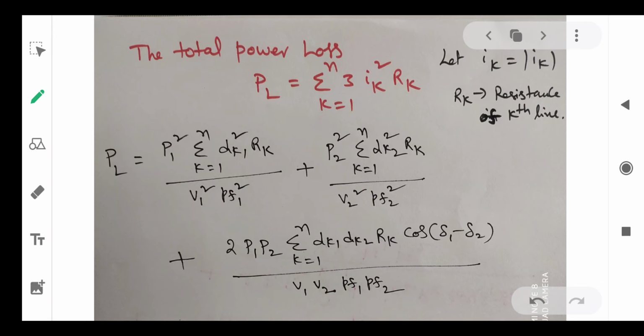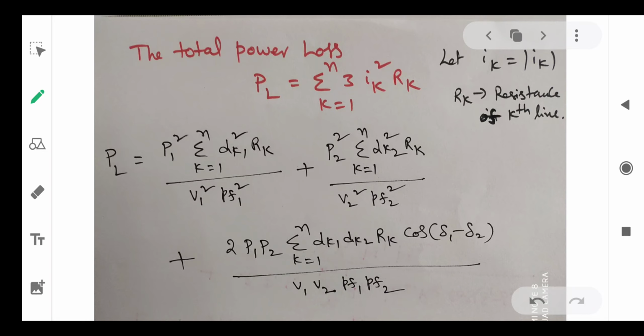Therefore the total power loss of the transmission network is PL equal to sigma k equals 1 to n of 3 Ik square rk. Let Ik be the magnitude, and rk is the resistance of the kth line or kth element. Therefore, PL is equal to, instead of Ik in the previous expression, Ik square is there. Let us substitute Ik square in the PL expression.